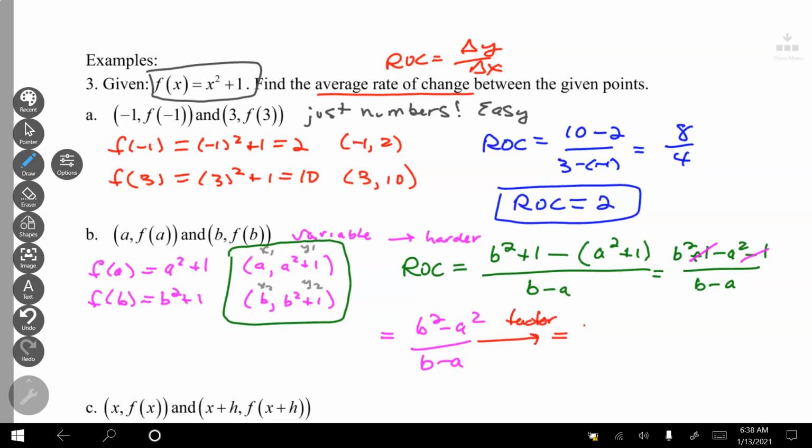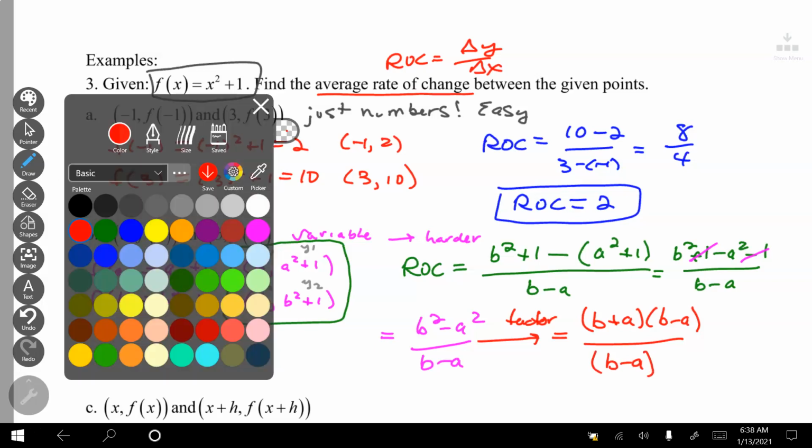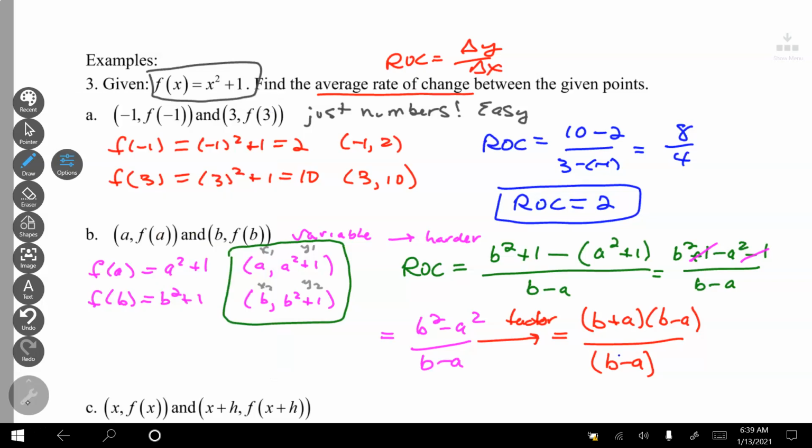Hopefully you recognize the numerator as b plus a, b minus a, and you have b minus a in the bottom, and technically there's parentheses around it. And now I can cancel things out because b minus a is identical top and bottom, so I get my rate of change is equal to b plus a. It's a little bit harder when we're working with variables, but it's not that hard. You have to remember about factoring.